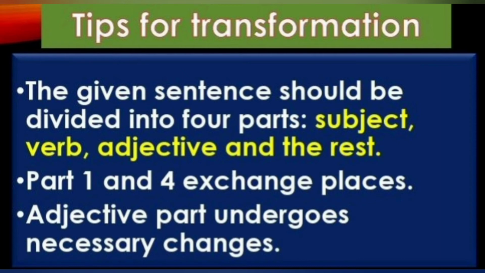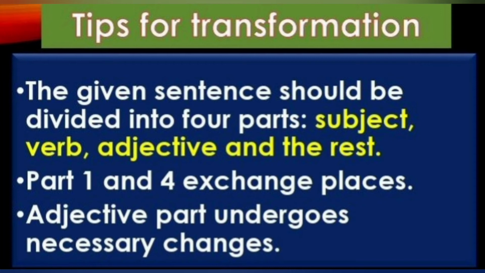The 4 parts are subject, verb, adjective form and the rest. Remember carefully: subject, verb, adjective and the rest. And the second point is, while we are transforming, part 1 and part 4 exchange places. Then the last point is, the adjective part undergoes necessary changes.